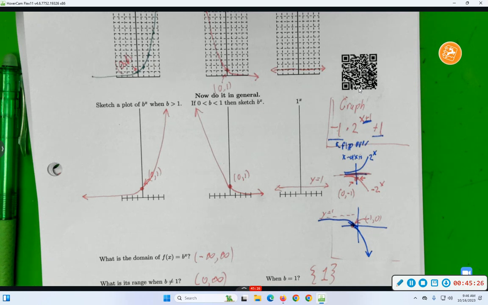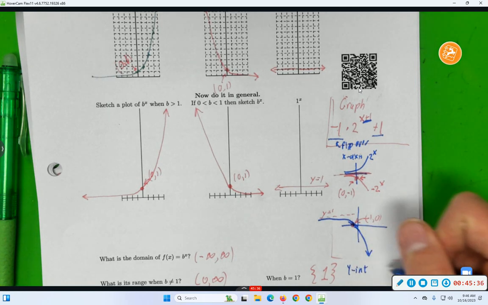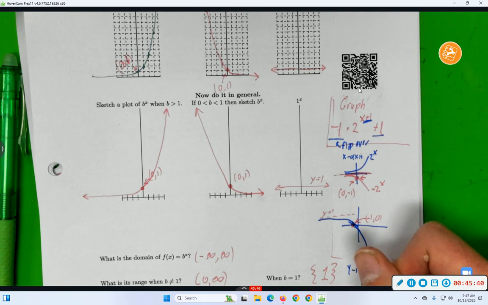How do you find a y-intercept? Put 0 in for x. Let's track that y-intercept by plugging 0 in for x. -2 to the 0 plus 1, plus 1.